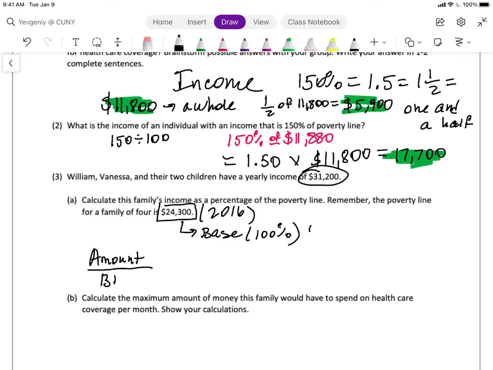When you set it up as a fraction, any fraction can be converted into a decimal, and a decimal is related exactly to percentages, right?